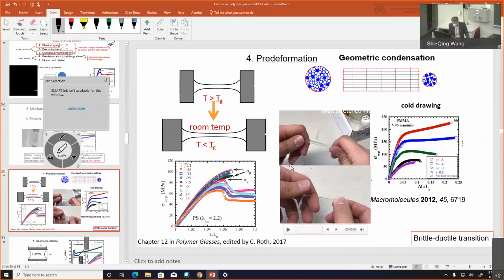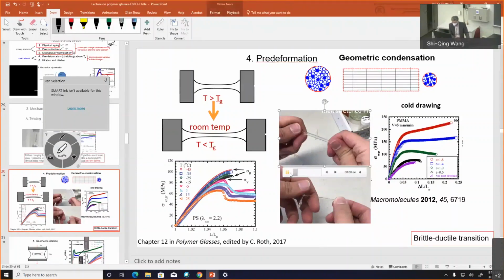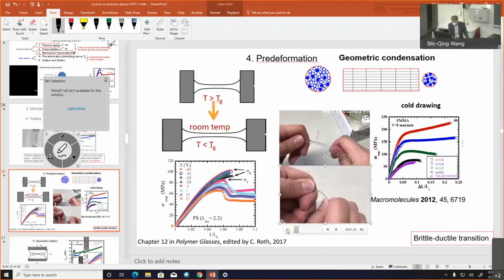So these are the two movies showing that. For example, this is polystyrene. It's brittle. You take this polystyrene, you go above Tg and draw it. After drawing, you get this piece. Oops, ductile now. This has been known for by now more than six decades.